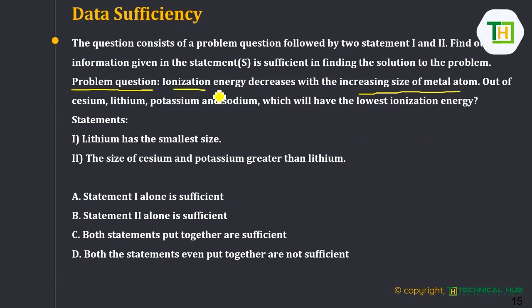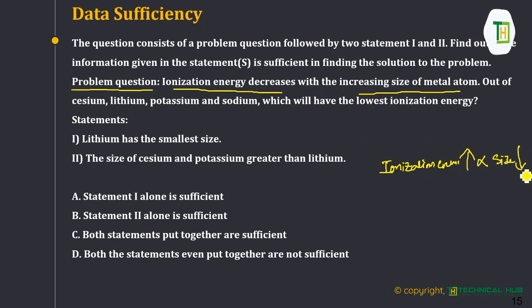Out of cesium, lithium, potassium and sodium, four metal atoms are given. As the size of these atoms increases, the ionization energy decreases. So ionization energy is inversely proportional to the size of the metal atom.